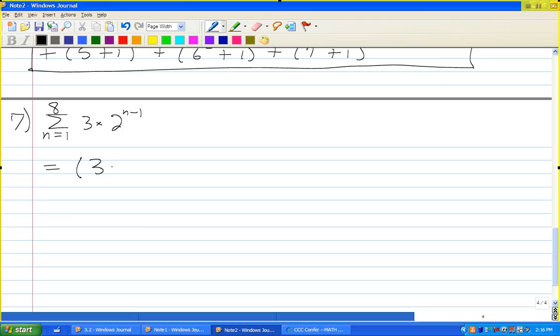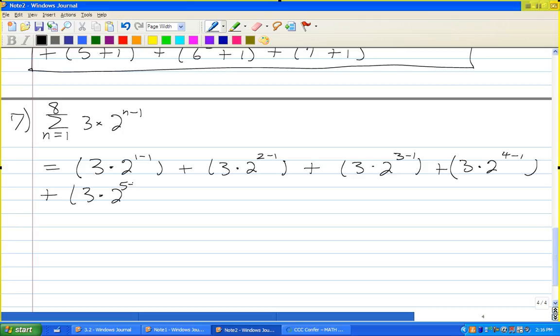So this is equal to 3 times 2 to the 1 minus 1, since the lower index is 1, plus 3 times 2 to the 2 minus 1, plus 3 times 2 to the 3 minus 1, plus 3 times 2 to the 4 minus 1, plus 3 times 2 to the 5 minus 1, 6 minus 1, 7 minus 1, 8 minus 1.